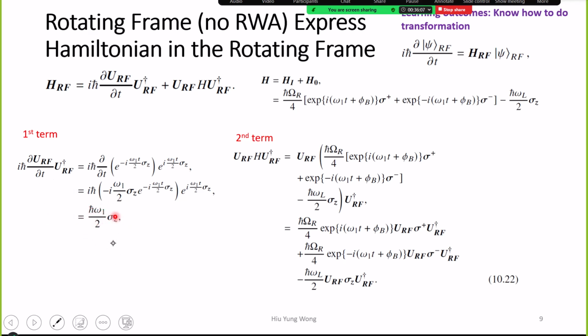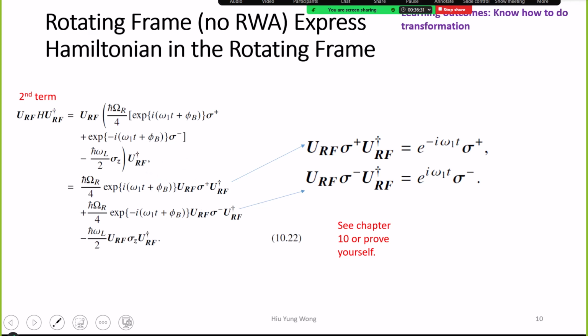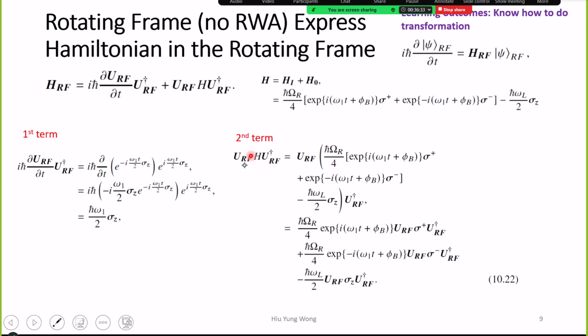This term gives us ℏ omega 1 divided by 2 sigma z, very similar to the Hamiltonian of ℏ omega L divided by 2 sigma z, which is negative, but here it is positive. But it gives this term. When I plug in the second term, you go through all the math again, you have this complicated thing. So let's look at the second term. You see this second term was like I plug in this whole H. So I plug in the whole thing into here.